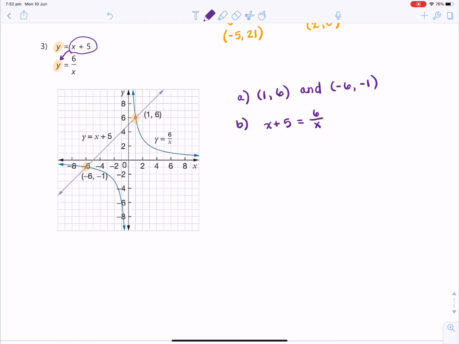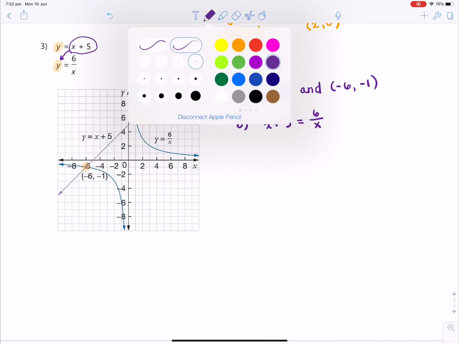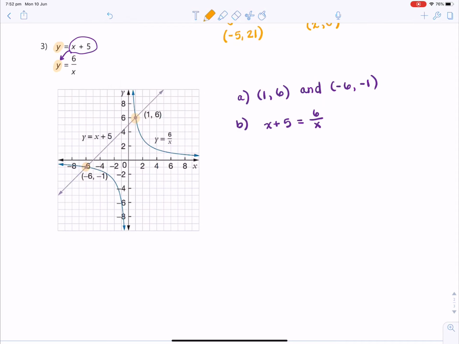Now, if I want to solve this equation, I don't want to have a fraction there. If I've got fractions in my equations, I should try to eliminate those fractions by multiplying both sides of the equation by whatever the least common denominator is. In this case, our only denominator is x. So we'll multiply both sides of this equation by x.